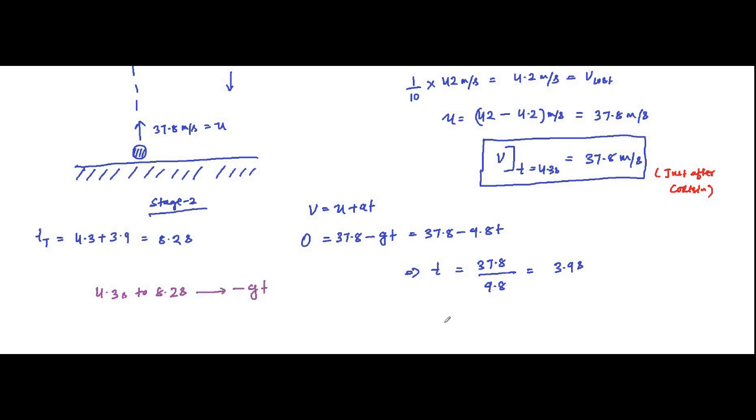Why? Because it is against gravity, where the final velocity goes to 0. So again, another important thing to note down here: velocity at the end of 8.2 seconds is again 0 meters per second.